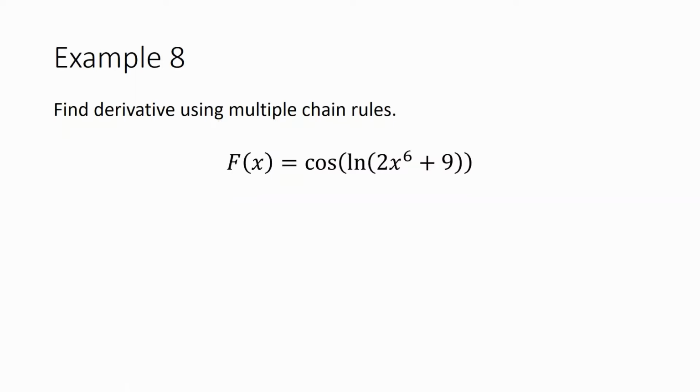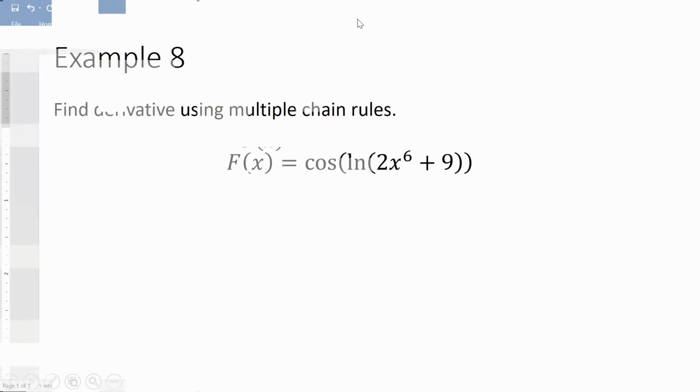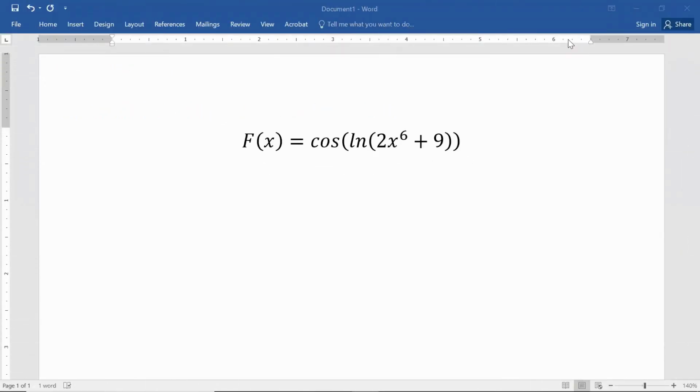We have capital F of x is equal to cosine of the natural log of 2x to the 6th plus 9. So we do derivatives using multiple chain rules. Let's go ahead and do that. Now I'm going to think of this in stages.